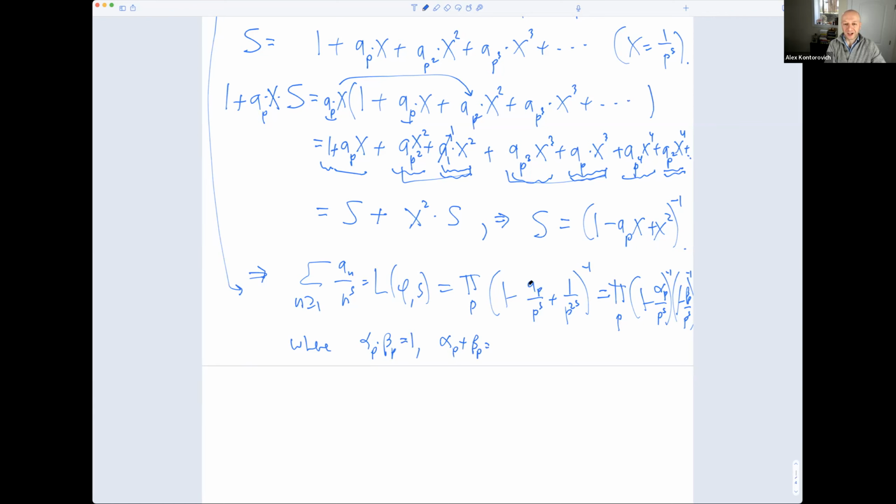So that coefficient is exactly a_p. Okay, does that make sense?